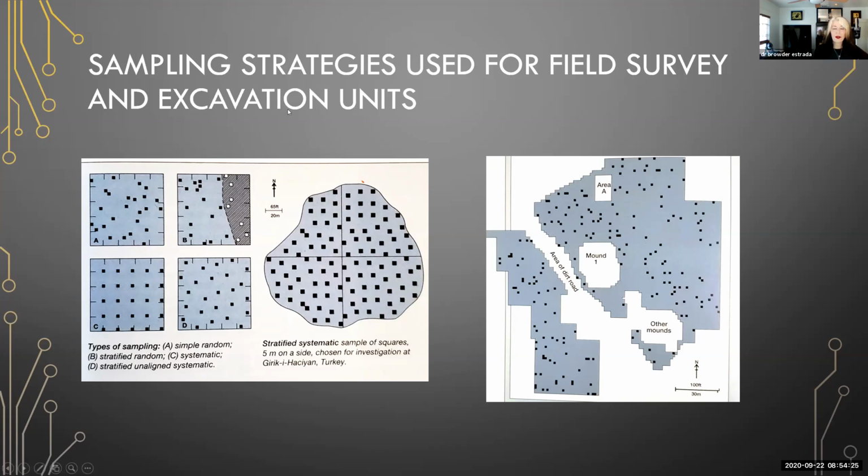So again, in both of these cases, the main thing going on is that you know you can't see too much on the surface, and what's beneath is not going to be really clear. The types of sampling strategies, and we'll break these out and look at them a little more, go from completely random, and that's what this one is here, where they have already made a map of the site.